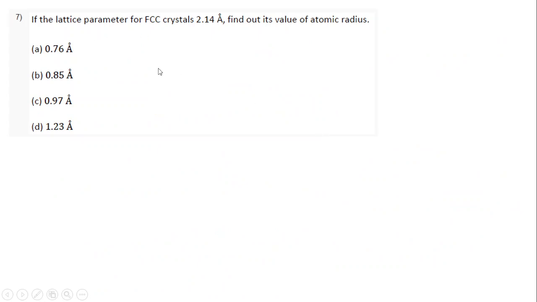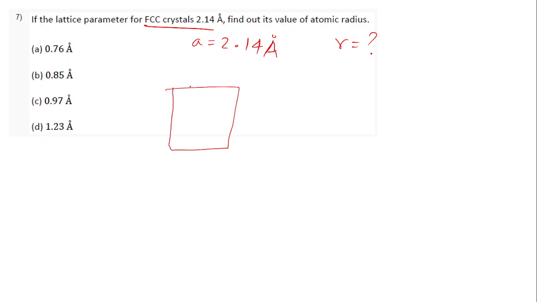Okay. Next question. If the lattice parameter for a FCC crystal is 2.14 angstrom, find out the value of atomic radius. Okay, we have been given lattice parameter, we have to find out the atomic radius. Now for FCC, again we know FCC, all the atoms on face diagonal touch each other, and the face diagonal length is root 2a is equal to 4r.